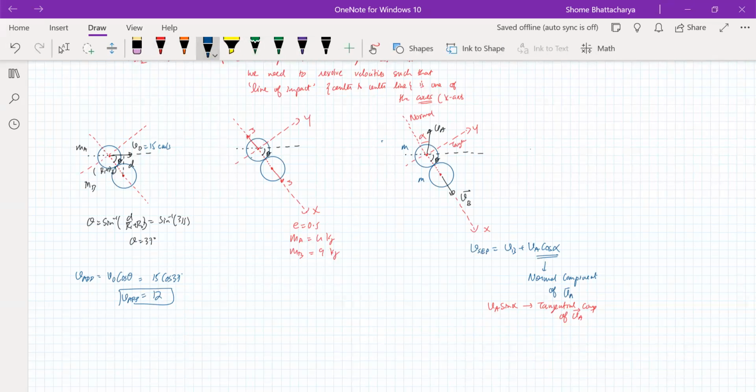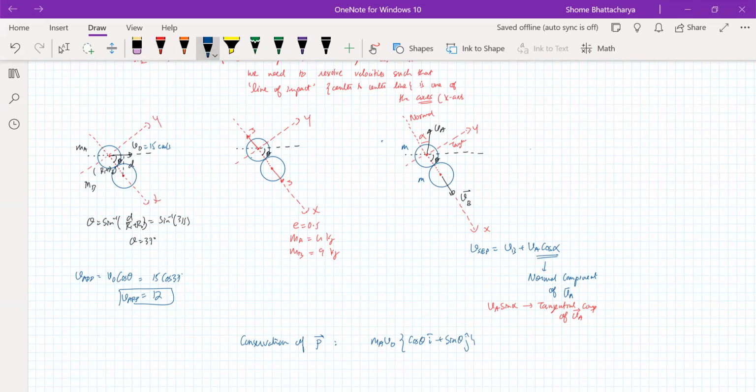So let us write the conservation of momentum for the system. You can see that MA into V naught, cos theta i cap plus sine theta j cap, because remember this is our y axis and this is our x axis.